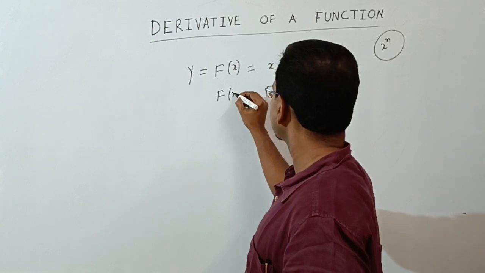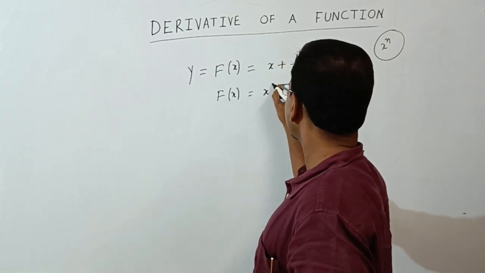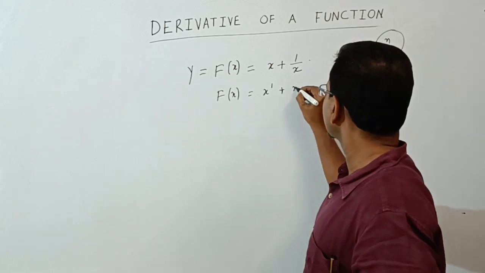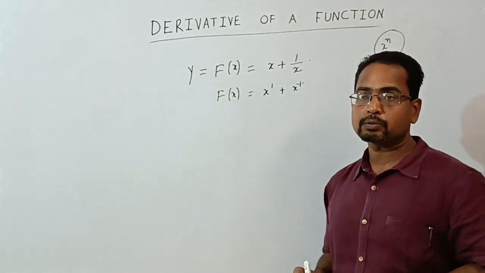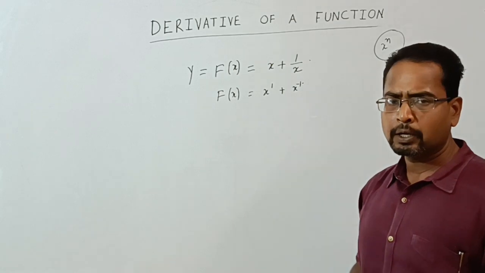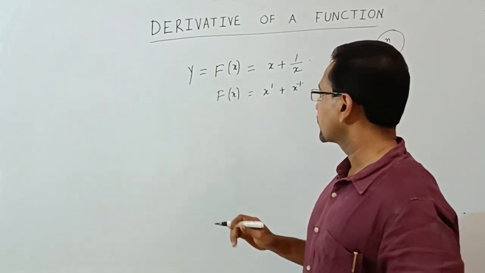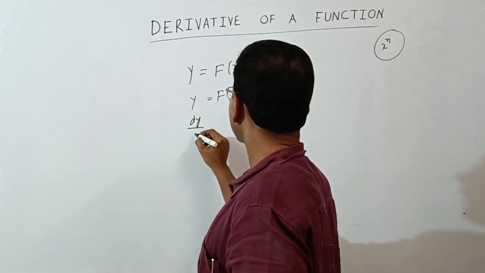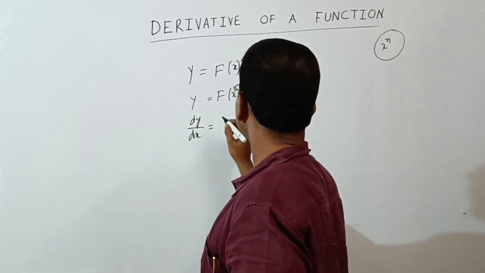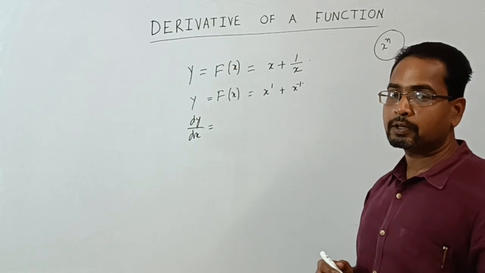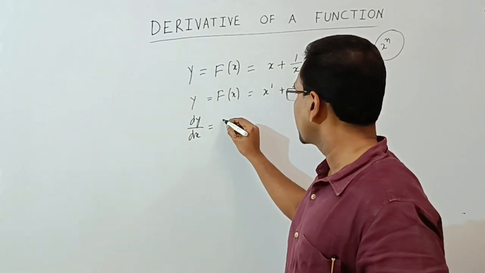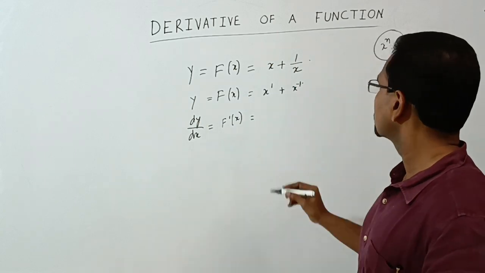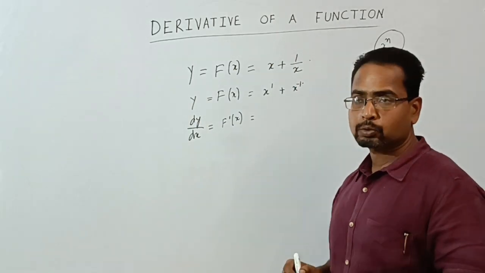So x we can write as x to the power of 1, and 1 by x will come as x to the power of minus 1. Now we have to find the derivative of this function. The derivative of this function we will denote by dy by dx, or f dash x, and then I will use the derivative formula for x to the power of n.